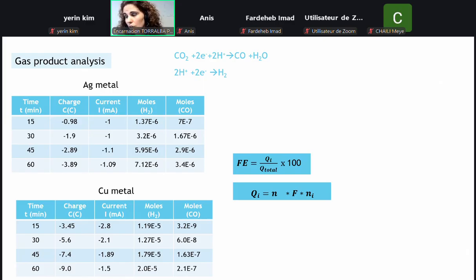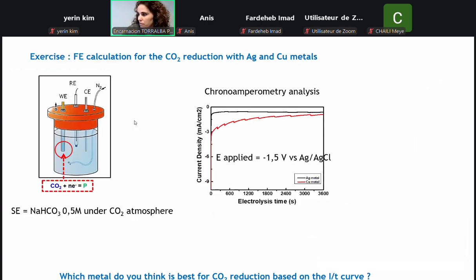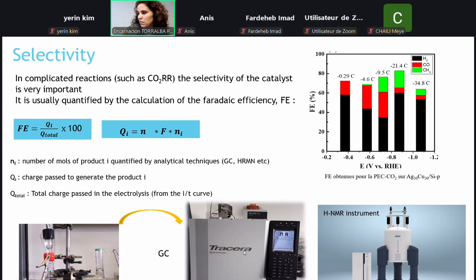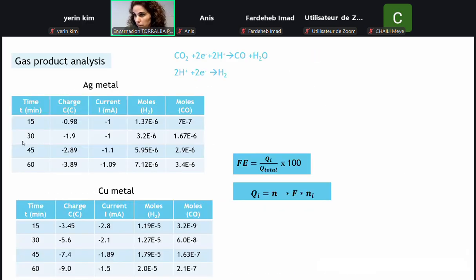Then I analyze my gas products on the GC at these 15 minutes, and I see that I have this quantity, 137 times 10 to the minus 6 moles of hydrogen and 7 times 10 to the minus 7 moles of CO. If I lose you, you tell me and I repeat, because we are almost finishing already.